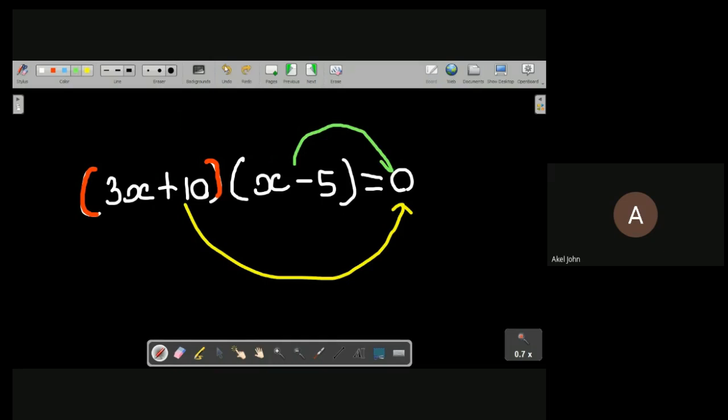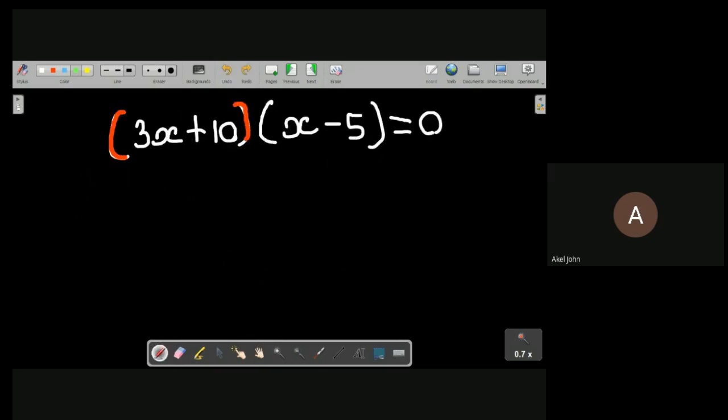So let's go ahead. Rewriting it, 3x + 10 is equal to 0, and on the other hand, x - 5 is equal to 0.